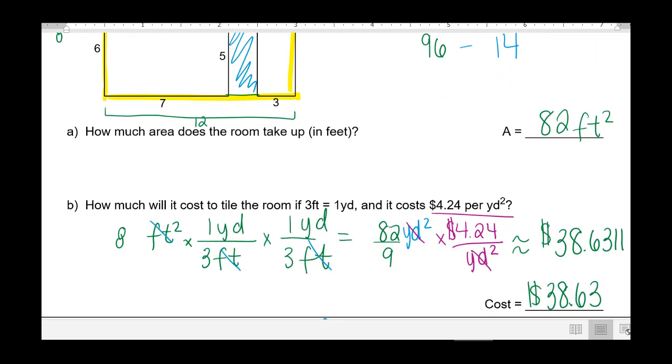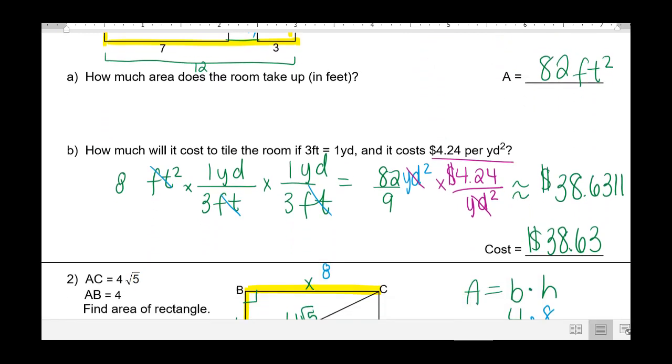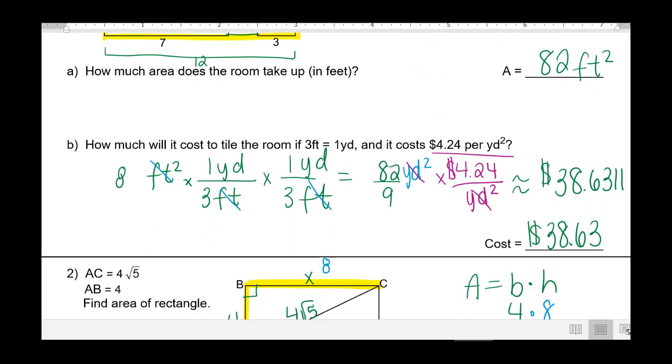And then B ends up being a little bit trickier, especially for our people that haven't been in chem yet, to deal with that sig fig idea. Take that 82 feet squared and multiply it by our conversion rate, 1 yard for 3 feet, 1 yard for 3 feet. Your feet squared needs 2 of those feet in the denominator in order for those units to cancel.